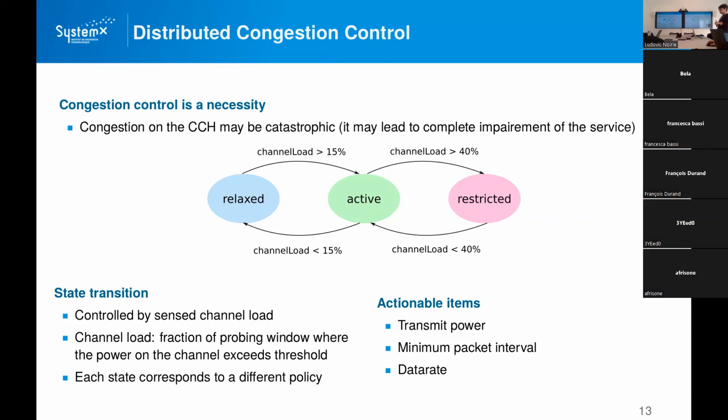You can reduce your transmission power when you sense that the channel is becoming congested, or you can space out the frequency with which you want to transmit messages. So this is the application layer that needs to start generating less frequent messages. Or you can play with the data rate.